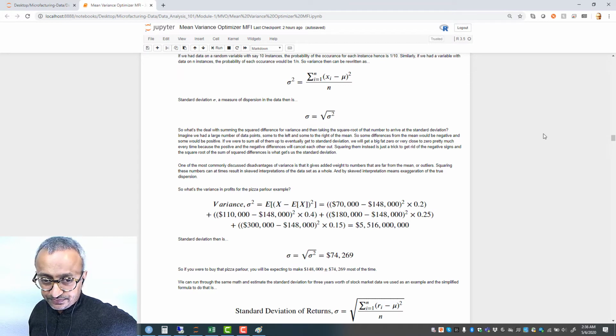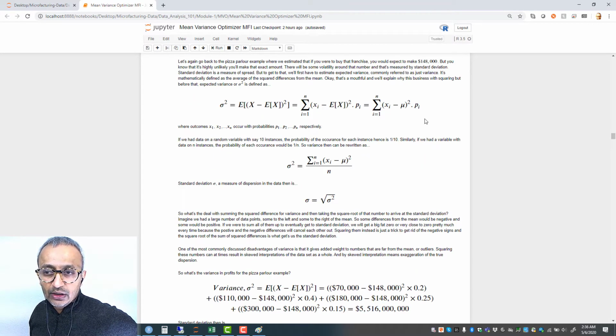So we talked about variance, which is mathematically defined as the average of the squared differences from the mean. What's the deal with summing the squared differences for variance and then taking the square root of that number to arrive at standard deviation? Ultimately you want to get to the standard deviation around your mean.